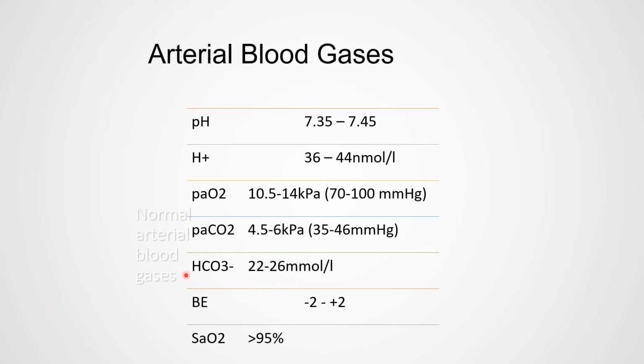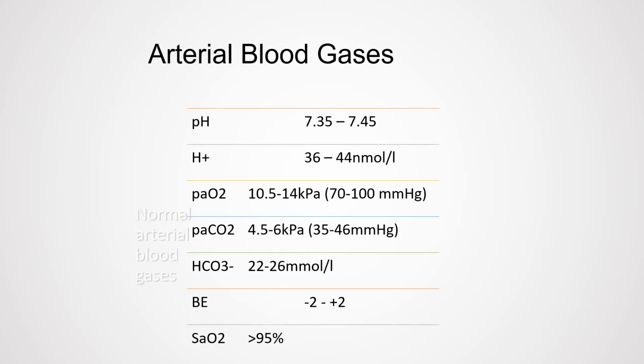Bicarbonate, which we mentioned, 22 to 26 millimoles per litre. Base excess, which is a strange value, which I'll come to explain in due course, -2 to +2, and saturation levels, 95 plus.